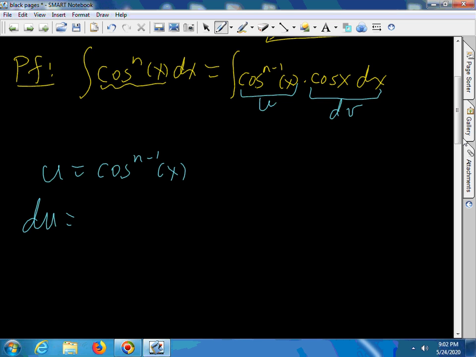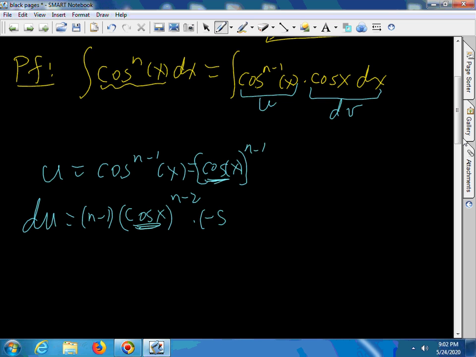So du, now remember, this is just shorthand for cosine x to the n minus 1. It's a function to a power. When you use the general power rule, the power is just a constant. You keep the inside the same, the cosine x, you bring down the power, you make the new power 1 less, then you multiply by the derivative of what's inside, times negative sine x dx.